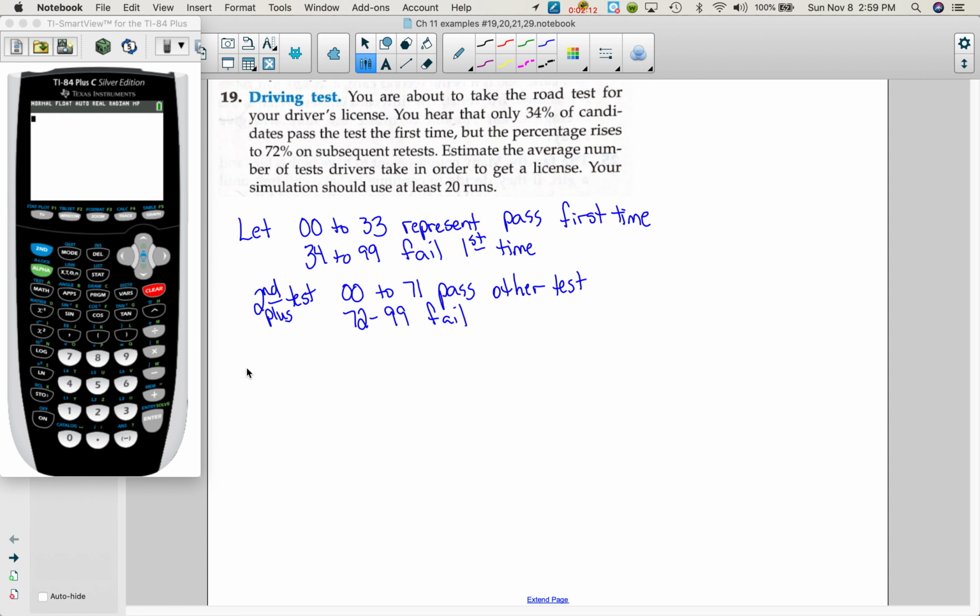So then we have to think, what does a trial look like? Because there's going to be different phases. So we're going to look at a 2-digit number. And if it's 00 to 33, then they pass the first time and we stop. So if 00 to 33, stop, because that means they passed, and we would record that they passed.